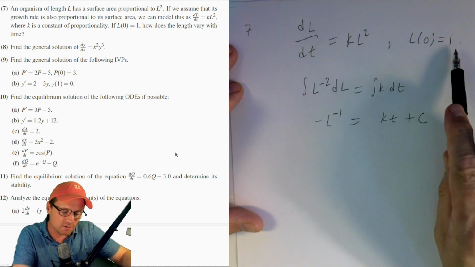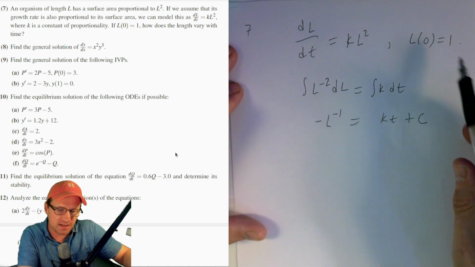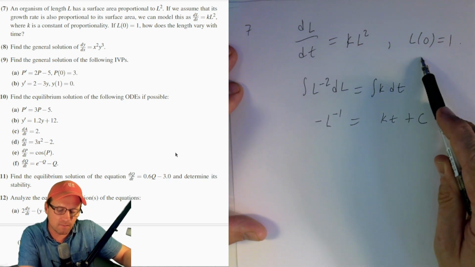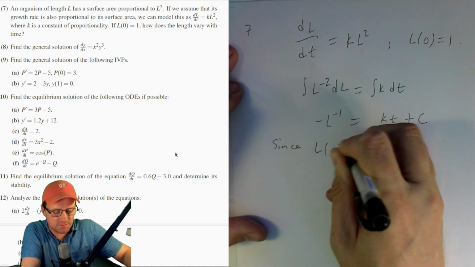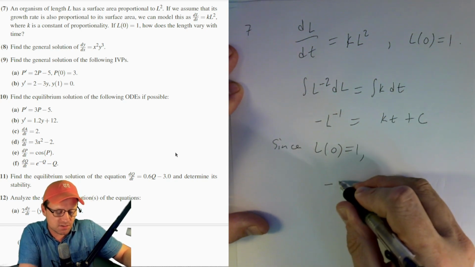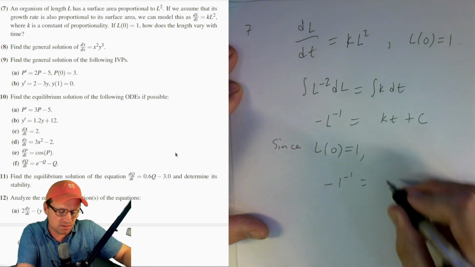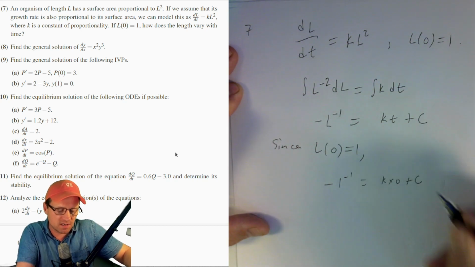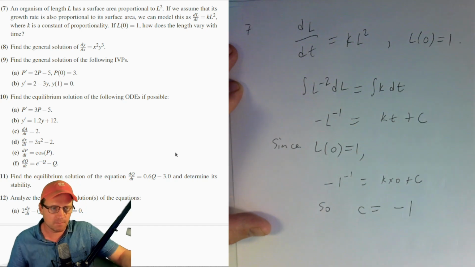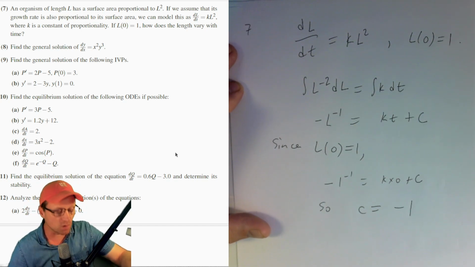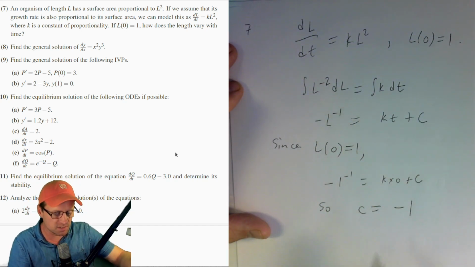Since L(0) = 1, when t is 0, L is 1. So -1/1 is k times 0 plus c, and so c is -1.